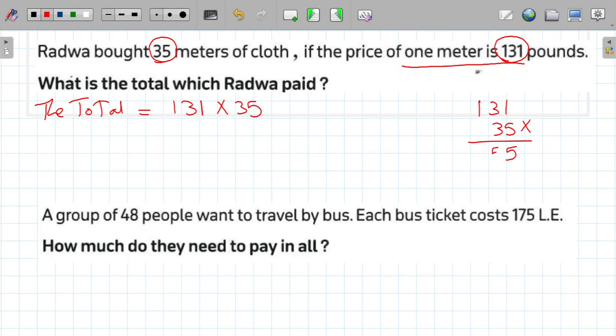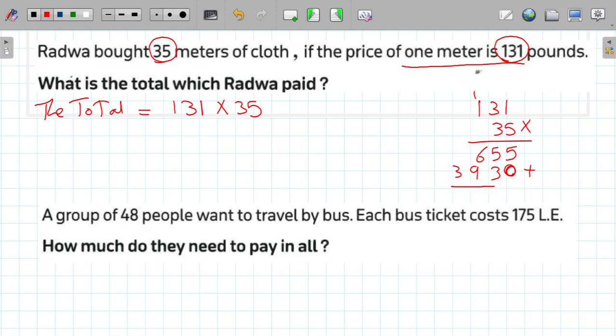So I will write 5 and carry up 1. 5 times 1 equals 5 plus 1 equals 6. So next I will write the addition sign, and I will write 0 in one's digit. So 3 times 1 equals 3. 3 times 3 equals 9. And 3 times 1 equals 3.